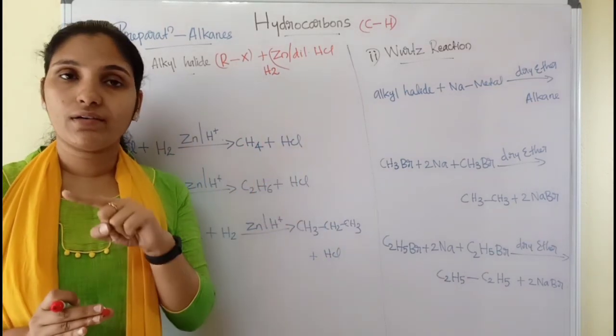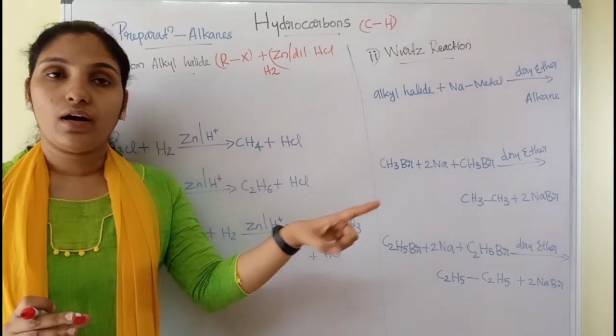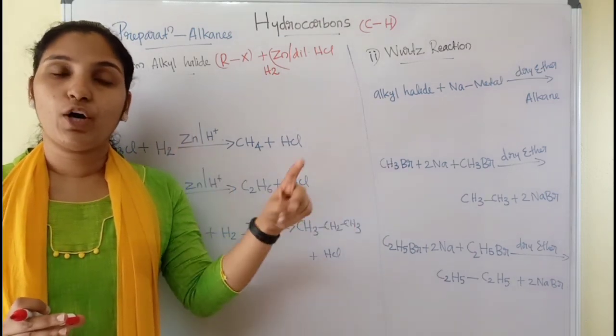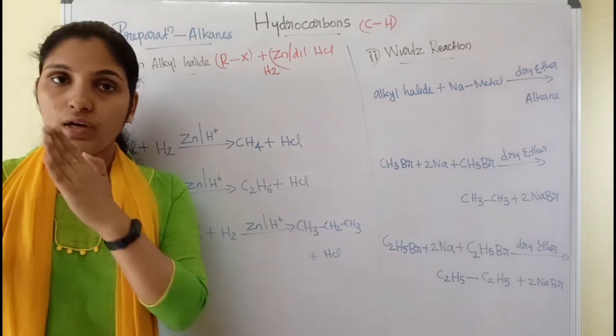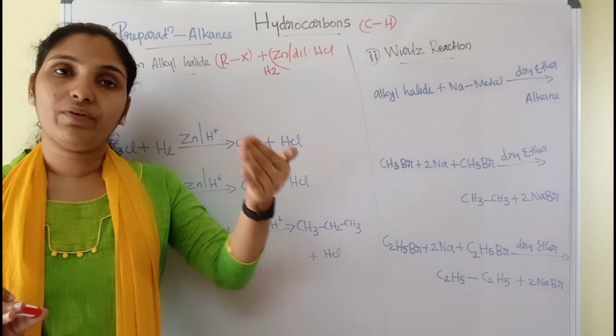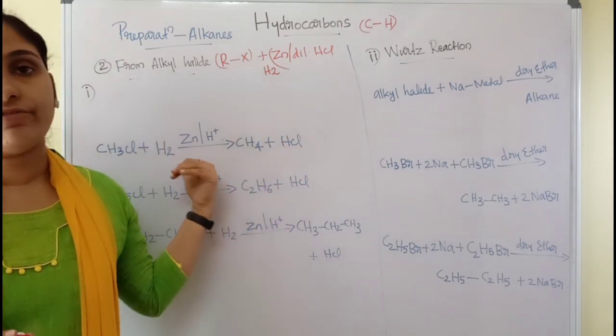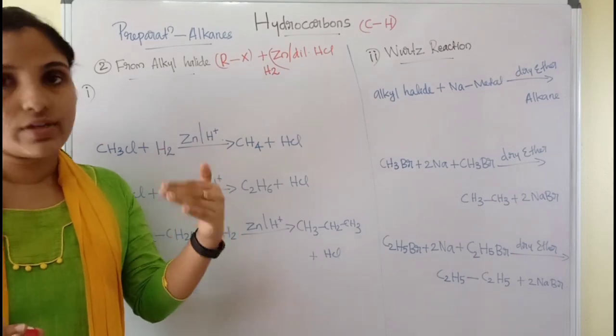That means in the reactant side, if the alkyl halide contains 1 carbon, the alkane with 1 carbon will be obtained in the product side also. Corresponding alkanes will be obtained. We cannot obtain a carbon chain with a lesser or higher number of carbons than the alkyl halide that we have taken.